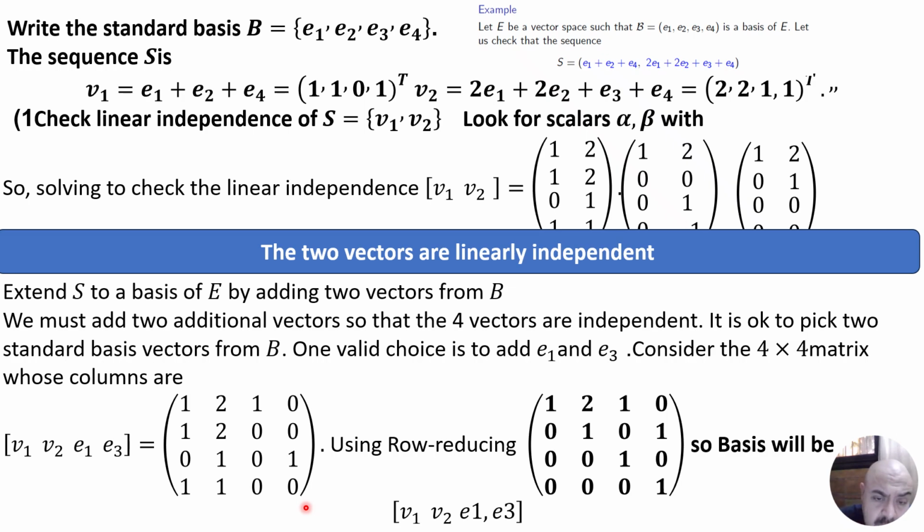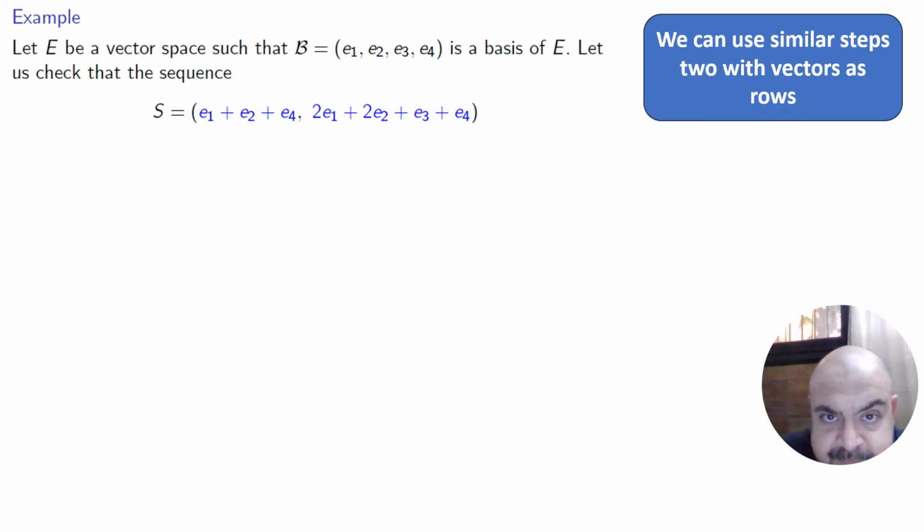So once more, I will use row reduction, and I've ended up with a rank of 4 for the matrix of the basis of vectors, which means those 4 vectors are linearly independent, so they can't be generated from each other. And so we can say that this set, which is v1, v2, e1, and e3, can generate R4.